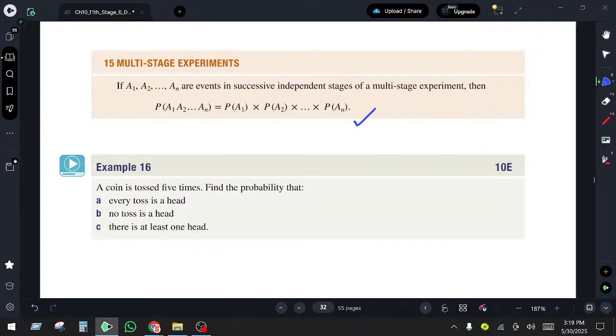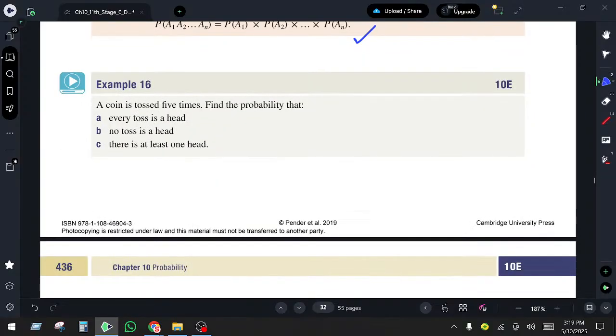You can do multi-stage, meaning there are many stages and every stage has equal independent activities, so we can do the product. A coin is tossed 5 times. What is the probability that every toss is a head? Each toss is 1 over 2. How many times are you tossing the coin? 5 times.